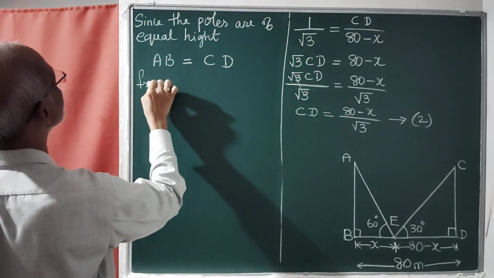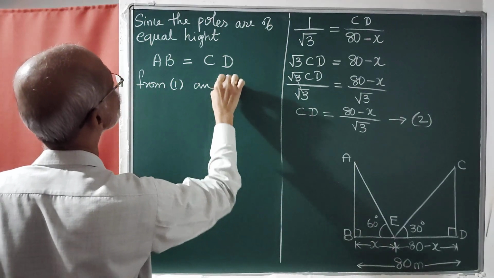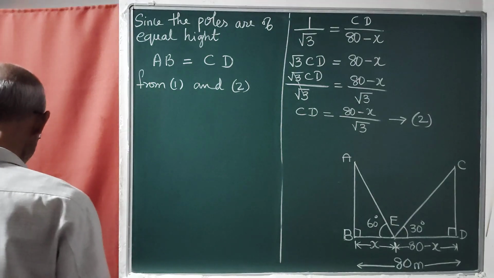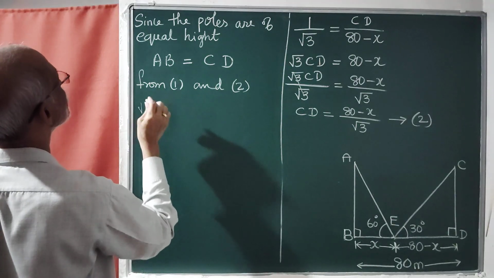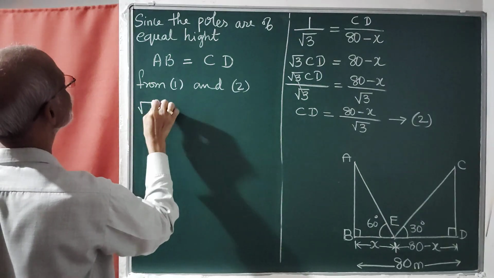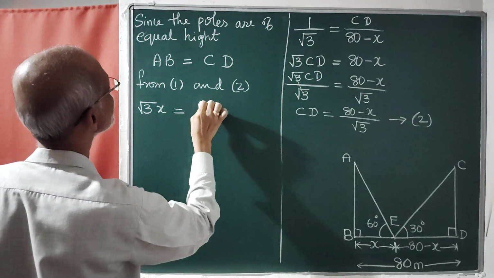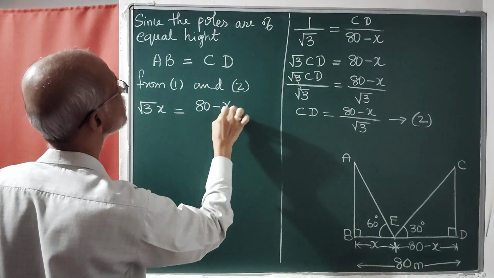From equation 1 and equation 2, root 3x, because AB was equal to root 3x, is equal to 80 minus x by root 3.